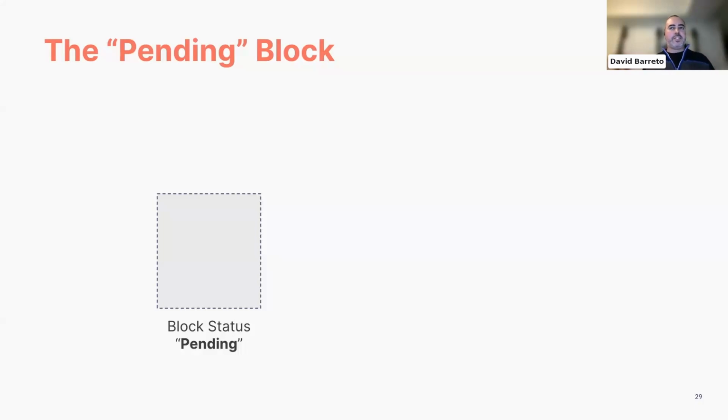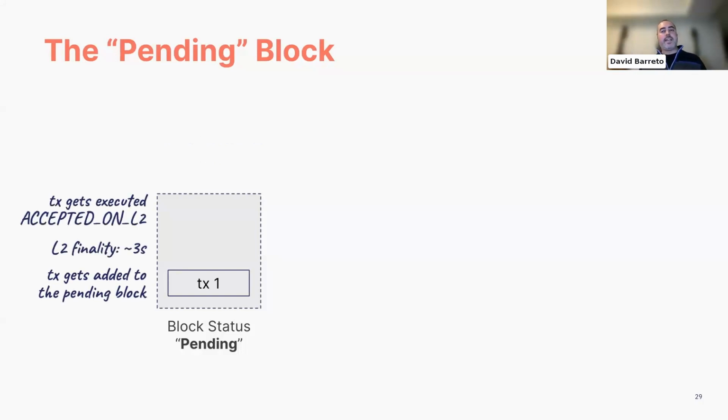A pending block is just a block that is not yet created and doesn't yet have all the transactions it will hold. So when a new transaction arrives at the sequencer, eventually it gets sent to this pending block that is still open. And as soon as it arrives, it gets executed using the Cairo VM, right? And that's when you get the status accepted on L2, and you get layer 2 finality in 3 seconds.